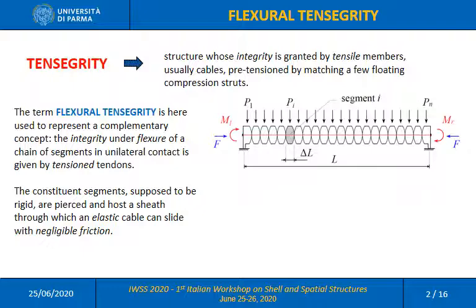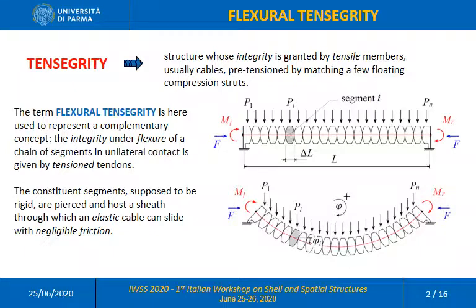The constitutive segments, supposed to be rigid, are piers to host a shaft through which an elastic cable can slide with negligible friction. When forces are applied to this segmental beam, this provokes bending because the tendons keep the segments together.